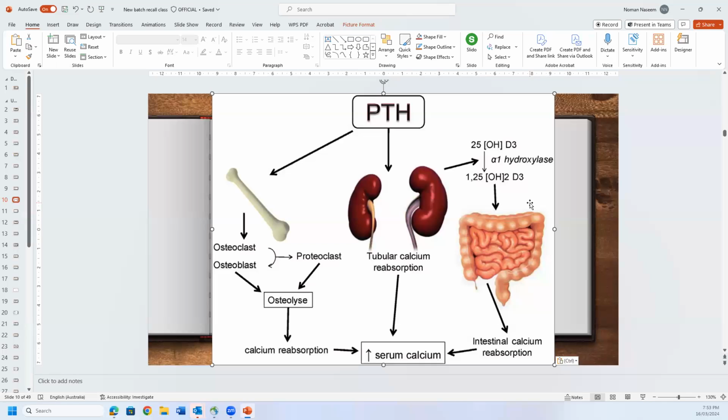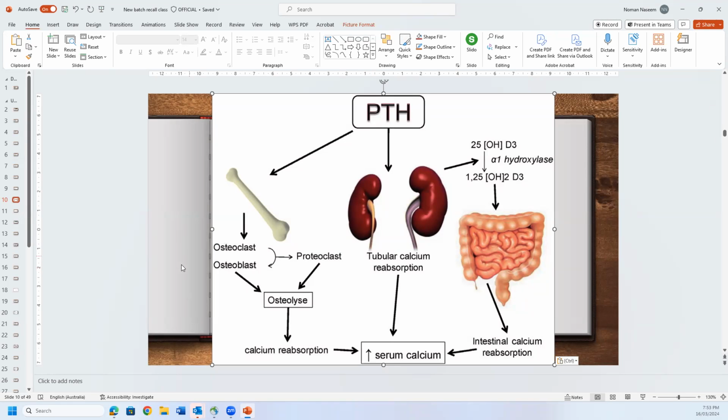So the pathway of the parathyroid hormone is that it acts on the bones, causing the osteoclast to convert into osteoblast that lyses the bone and causes calcium reabsorption and increases the calcium level in the blood. Similarly, it acts on the kidneys and causes tubular calcium reabsorption. And through the kidneys, it also causes the activation of vitamin D, which acts on the GI system and causes intestinal calcium reabsorption.